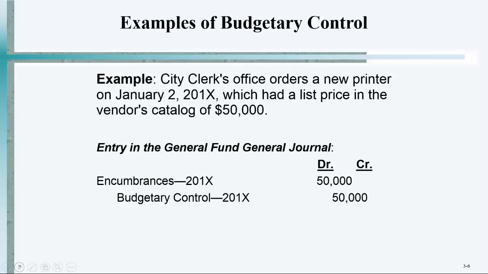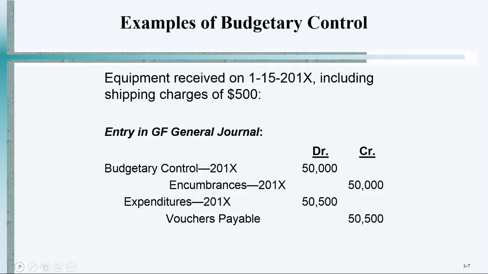Okay, so what happens? We debit encumbrance, we credit the budgetary control, and then when the thing comes in, we reverse the original encumbrance entry for the original amount. Look at that. We debit budgetary control and we credit encumbrance, don't we? So since I've debited budgetary control, it can go back now to 50,000, right?